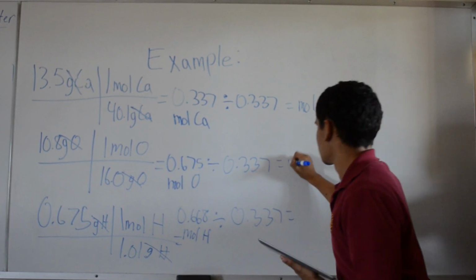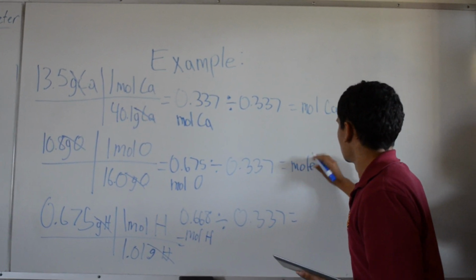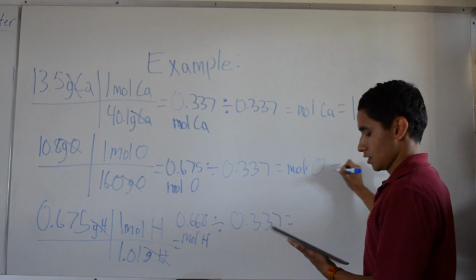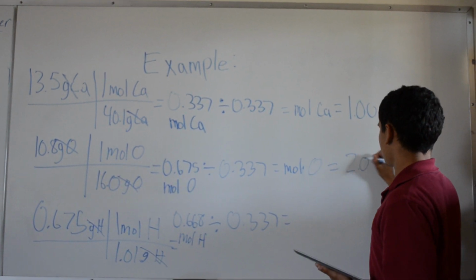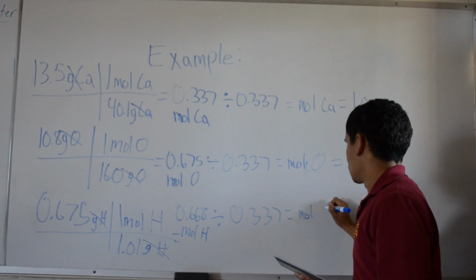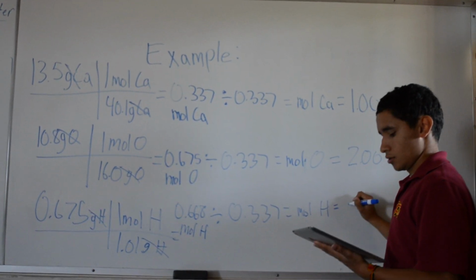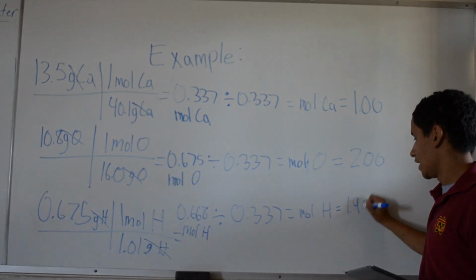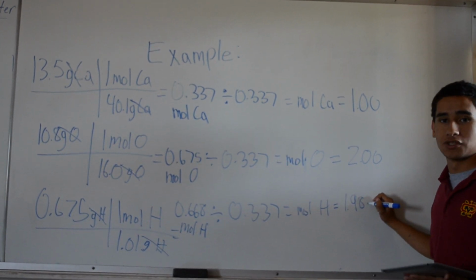And that's going to get us mole of O is going to be 2. And this is going to be mole of H, which is 1.98, but we're just going to round it up to 2.